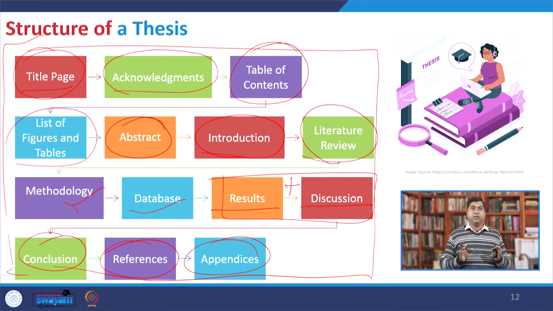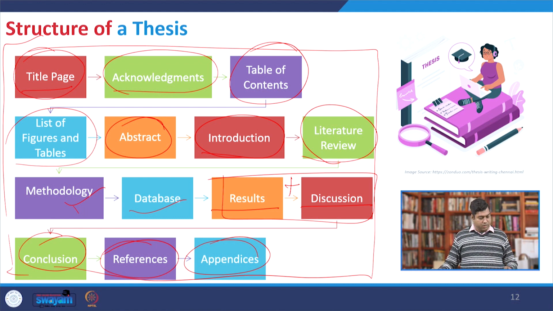You can consider that your overall research in 2, 3 or 4 years will be compiled in just a few 100, 200 pages. Normally that is the normal size of a thesis. So it is very difficult, because you have to be very crisp and concise enough to put the information in a sequential manner, so that it will convey all the meaning that you intend.